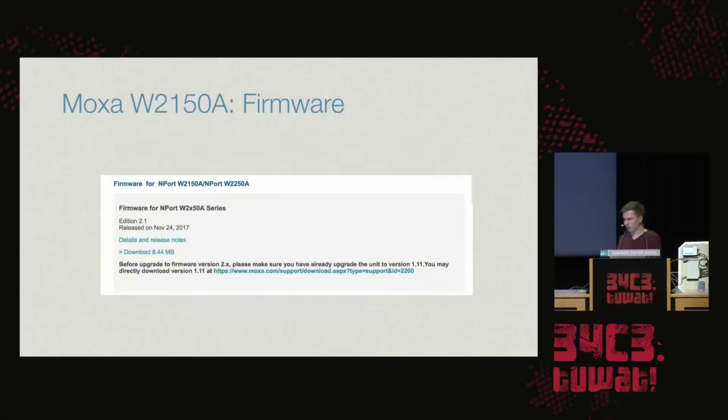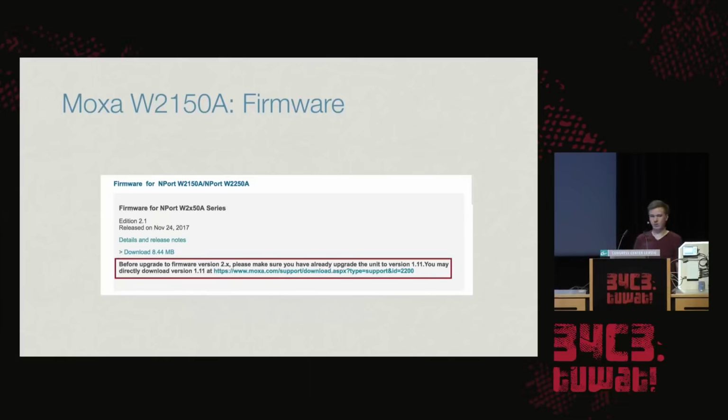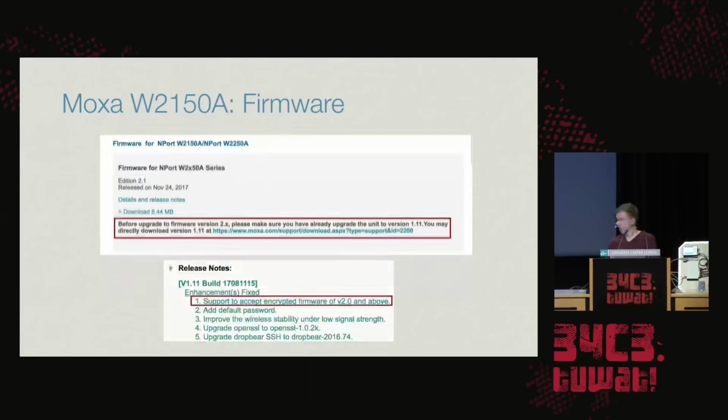But I noticed on the web page that before you upgrade to version 2.0 or 2.1 of the firmware, you must upgrade to firmware version 1.11. I thought, that's interesting. Let's look at the release notes for version 1.11. And it turns out that 1.11 adds support for encrypted firmware.